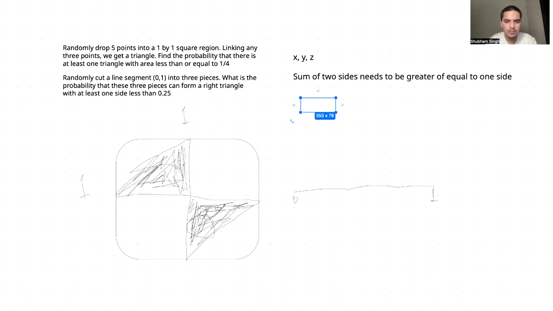But I'll just write it anyways. So if this part is x and this part is y, then if we have x less than y, we will have the following restrictions or constraints.